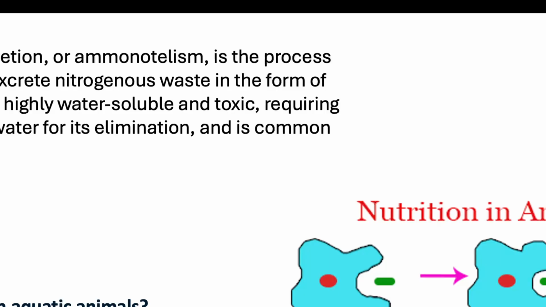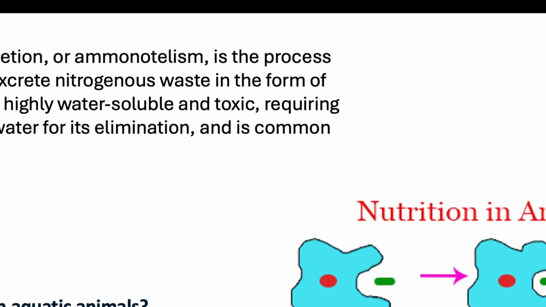Why is it common in aquatic animals? Because aquatic animals have access to ample water to dilute and eliminate ammonia. Ammonia is readily soluble in water, making it easier for aquatic organisms to excrete.